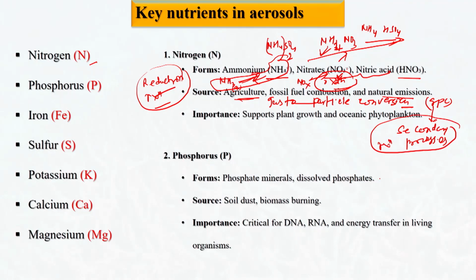So, this will happen, and what is their importance? They are very important for plant growth and ocean phytoplankton. So, this is really very important, and we should always give it importance. Even in the lands, some lands are nitrogen deficient, especially, for example, the Himalayas.